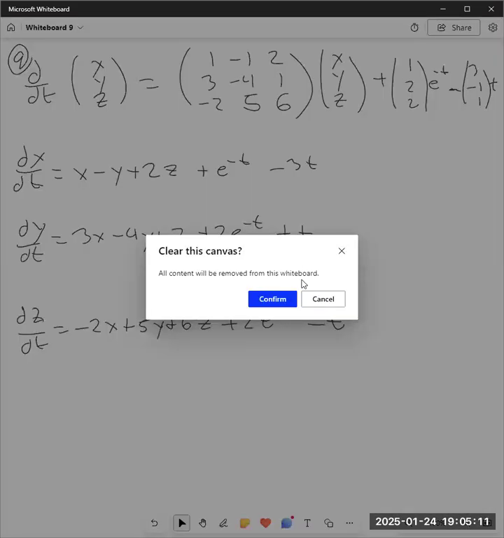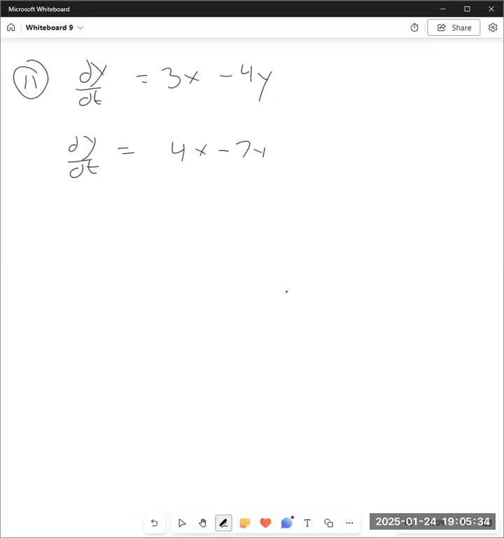So 11 is dx/dt equal to 3x minus 4y, and dy/dt equal to 4x minus 7y, and we're told that we want to test capital X equal to [1, 2] e to the negative 5t.